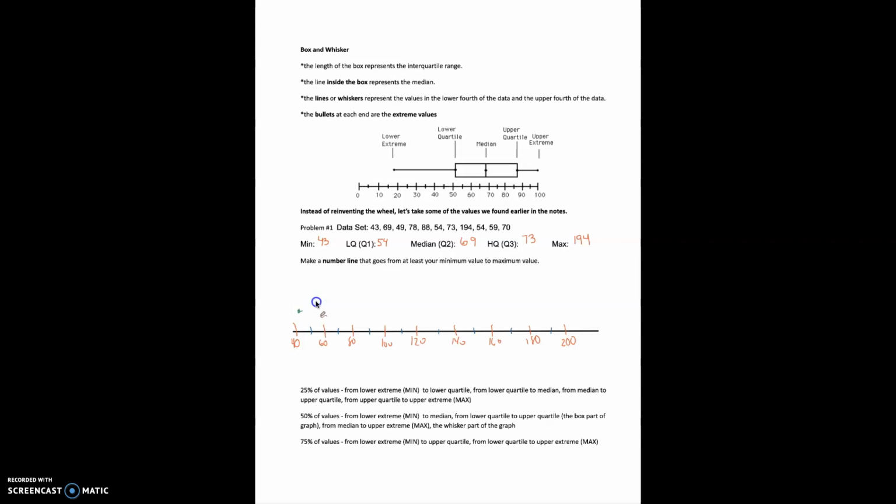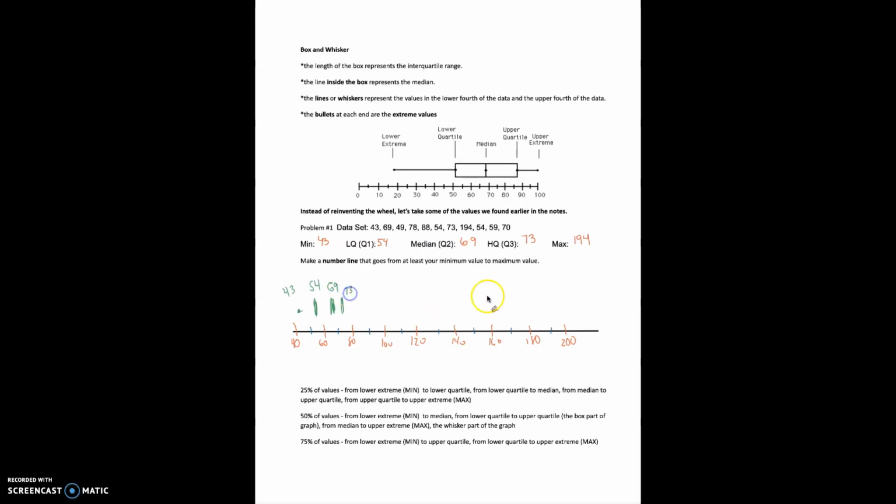That's going to be a vertical line at 54. I'm just going to write those values in here too. Another vertical line at 69, so right before that 70 marker. Not as precise as I would like, but it's going to be okay. And then upper quartile is 73. 75 would be there, so 73.